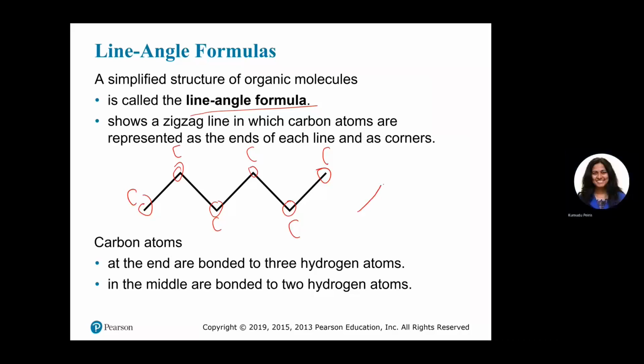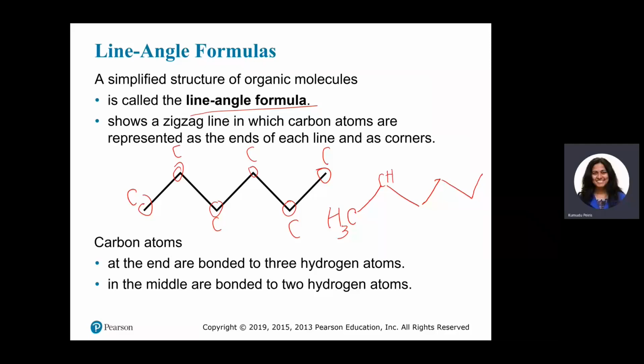So let me draw it. This is the end carbon. It has one bond, so there must be three hydrogens. This is a corner carbon, so it has a CH2 group. This is a corner, so it has a CH2 group. This is again a corner, a CH2 group, another corner CH2 group, and the end is a CH3 group.